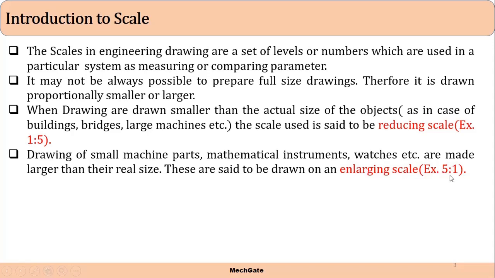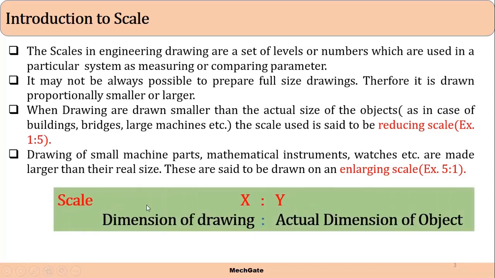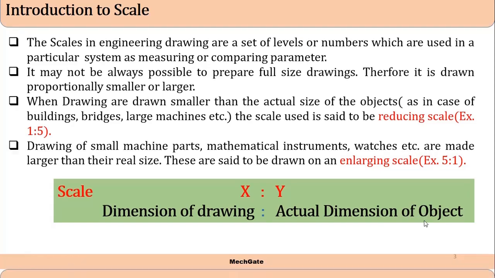Generally an enlarging scale is represented as 5:1. So the first digit indicates the length of drawing and the second digit indicates the actual length of object. So scale is equal to x:y, where the first digit indicates the dimension of the drawing and the second digit indicates the actual dimension of the object.